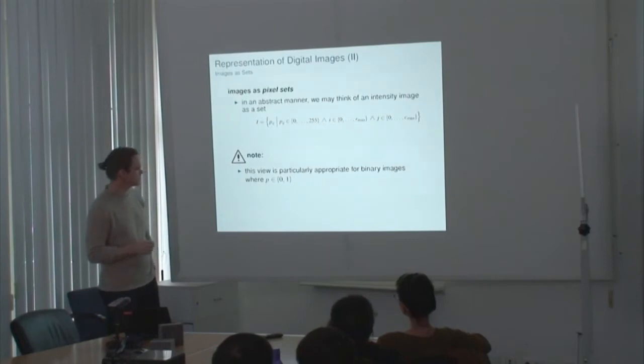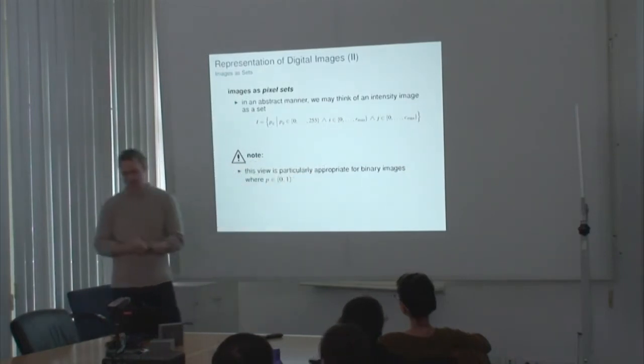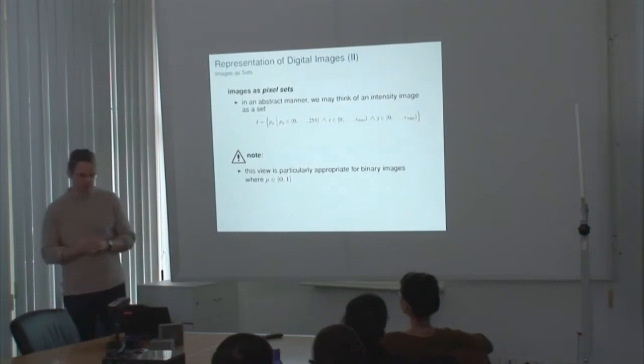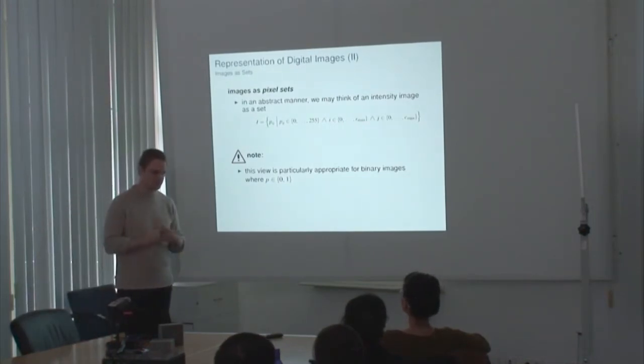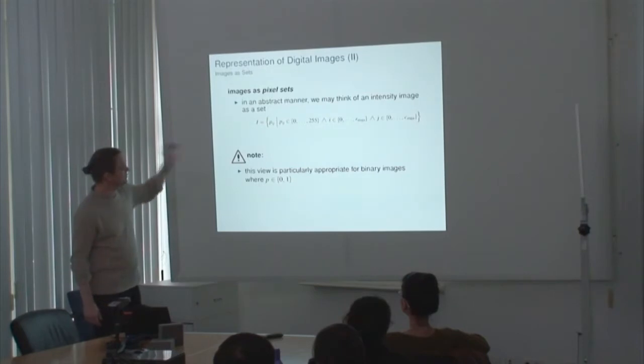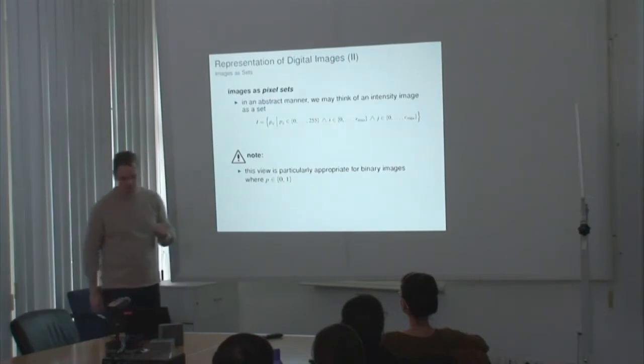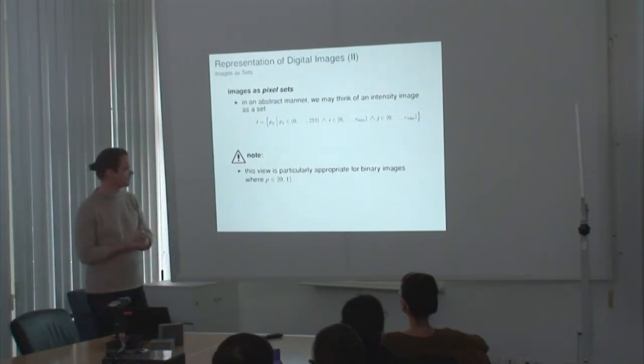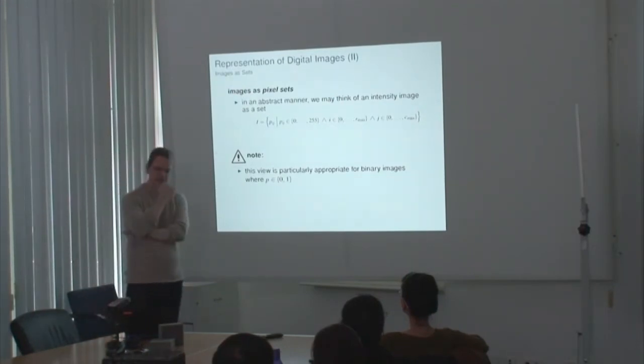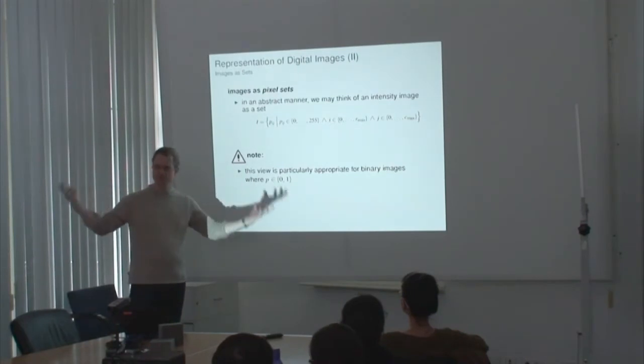But once we begin talking about binary images, those are images which are represented such that there's indeed just two intensity values for every pixel, either black or white. Once we start talking about binary images, they are interesting for some applications. Once we talk about binary images, this idea of representing images in terms of sets becomes more appropriate or more valuable. The reason why I am showing you this is just to free your minds.